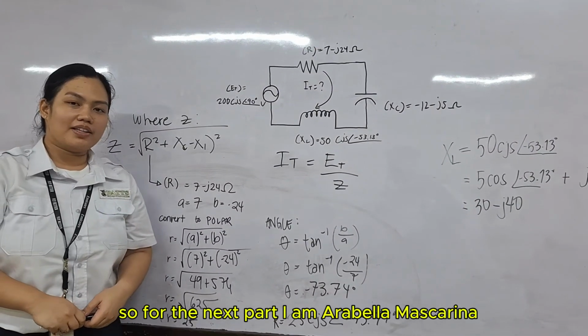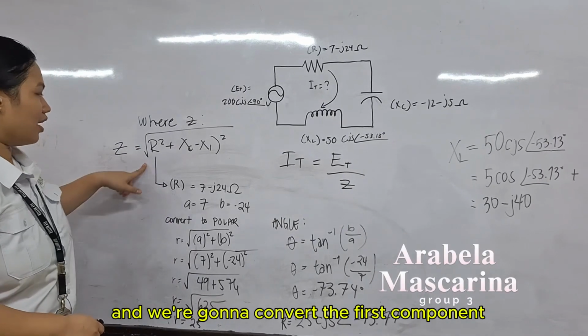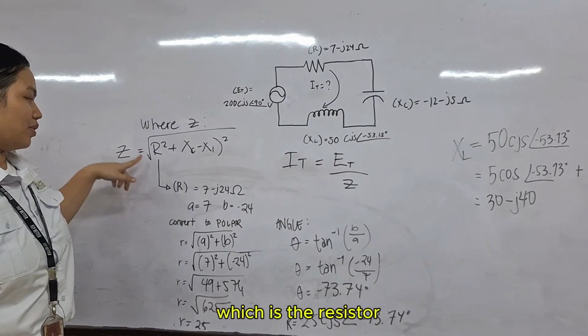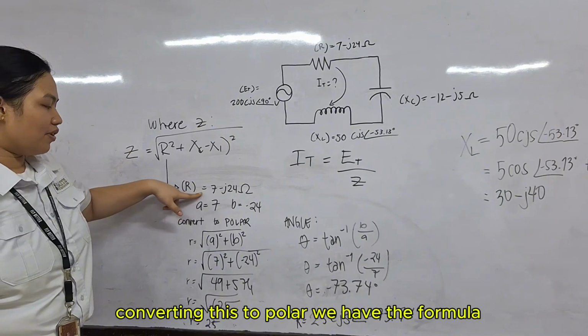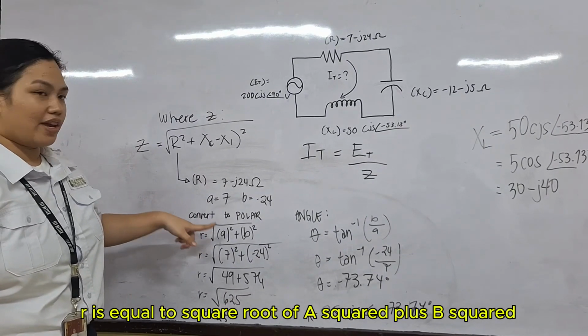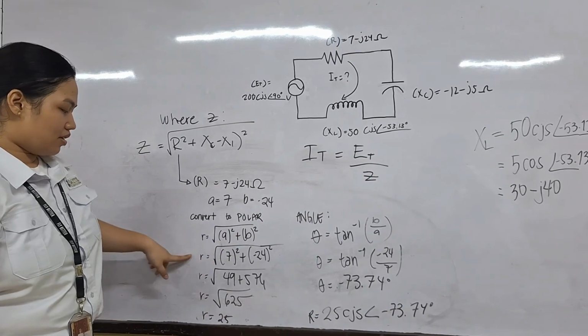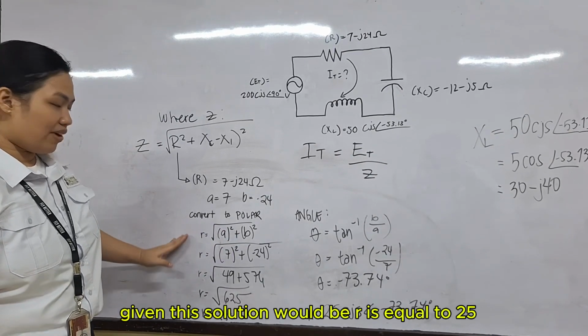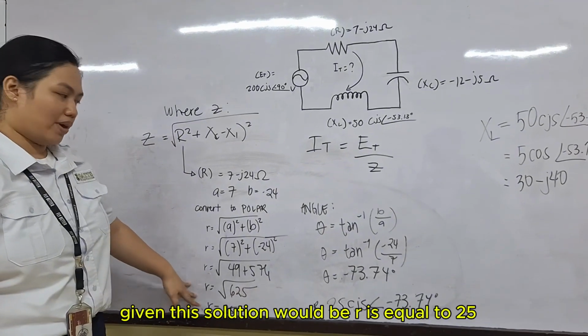For the next part, I am Arabella Mascarina, and we're going to convert the first component, which is the resistor. Converting this to polar, we have the formula R is equal to the square root of A squared plus B squared, and the answer is R equals 25.